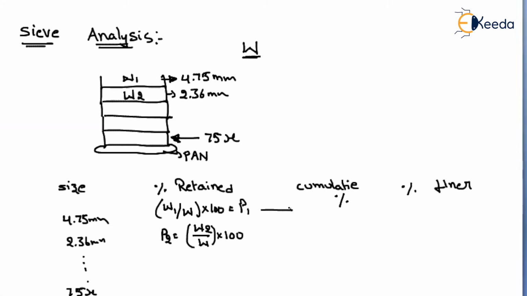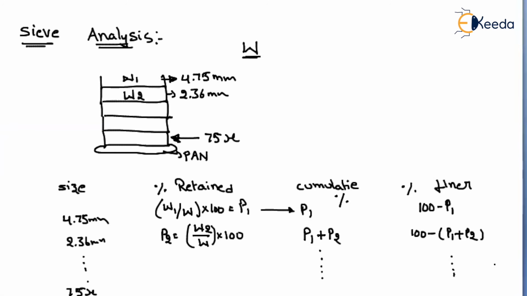So directly we will have P1 here, and up to this level the soil percentage retained is P1 plus P2. Like that it will go on increasing. And what about the percentage final? We subtract this percentage from 100. So 100 minus P1, and similarly here 100 minus P1 plus P2. Like that it will go on decreasing.